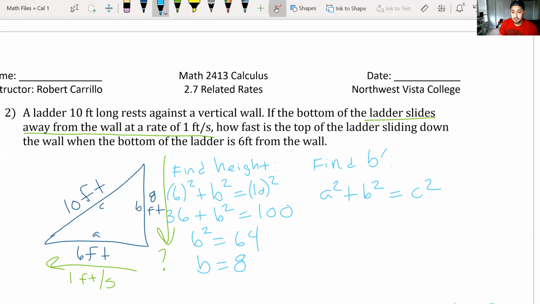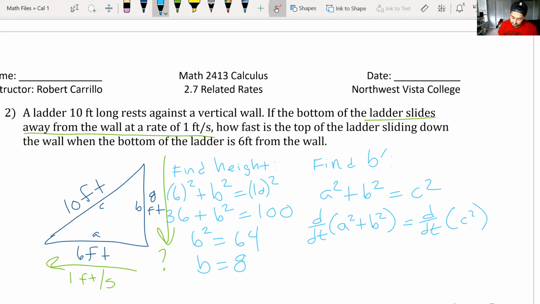And now, let's take the implicit derivative with respect to time. So we'll say d over dt of a squared plus b squared equal to d over dt of c squared.